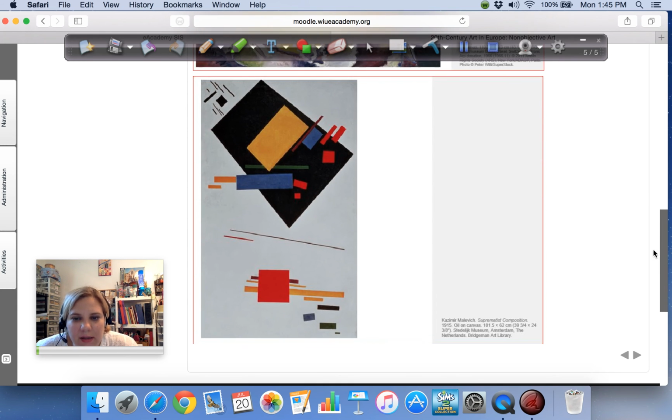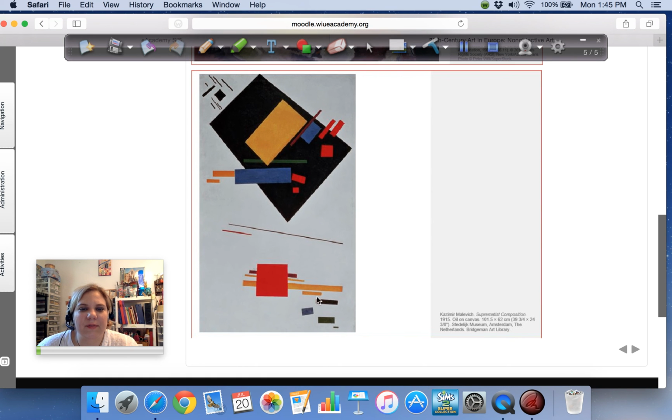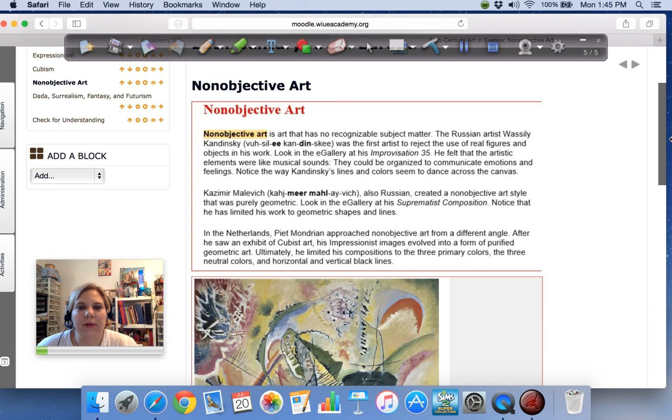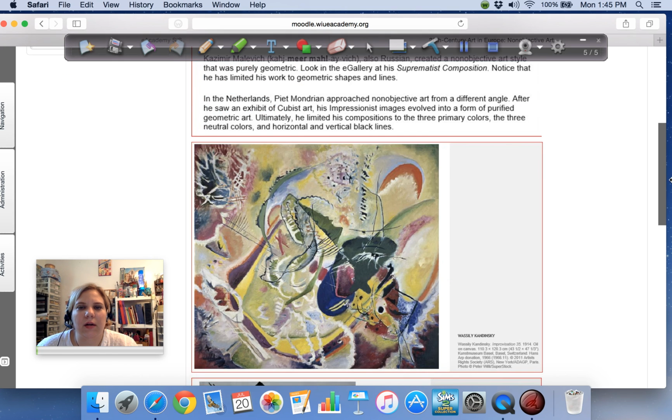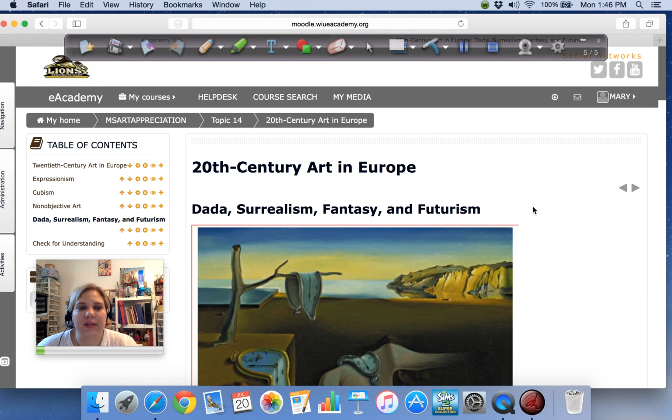Totally shocking. We have this composition here, just basically primary shapes, colors. Well, we do have some secondary colors, the orange and the green here, and then we have black, but just really, really different looking artwork from what people were used to seeing.